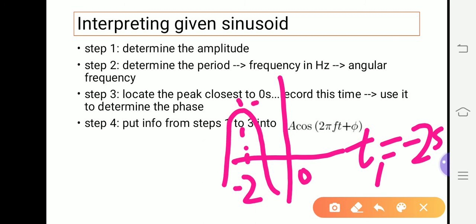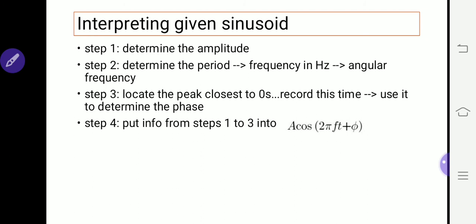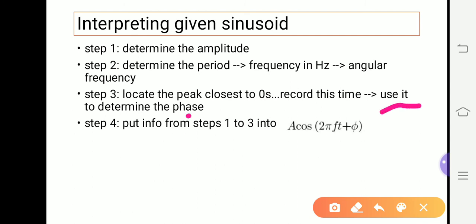So the main thing is we try to locate the peak and record the time at which the peak occurs. We try to choose the closest one. You can actually choose another one, but it should be close; use the closest one because it's easier. Once you have the time, you use it to determine the phase.